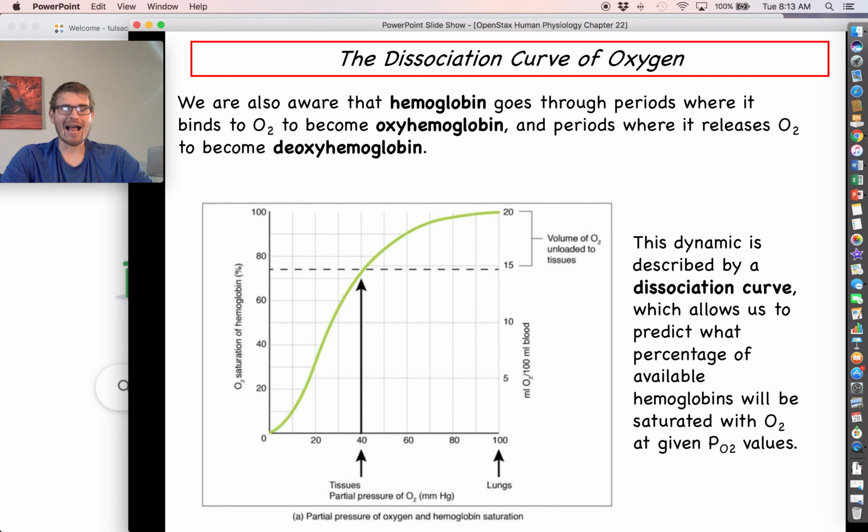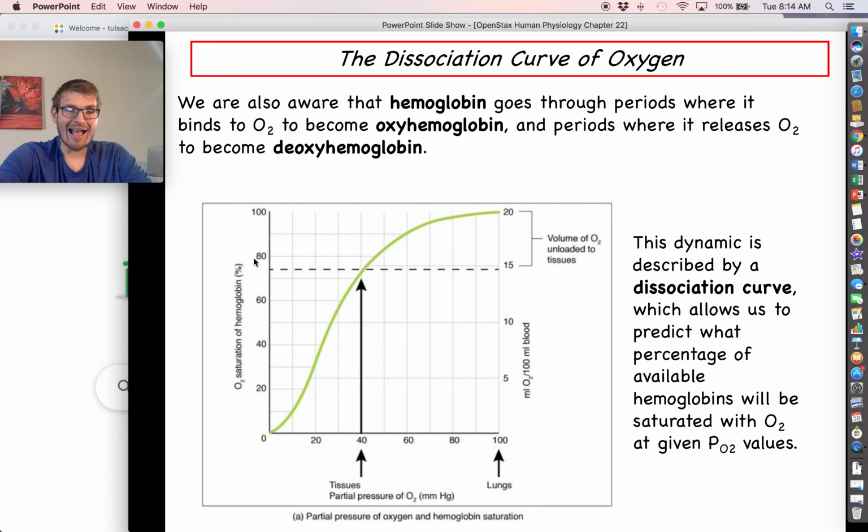So this dynamic can be described graphically, as you see here, by what is called a dissociation curve. Essentially what you're seeing here is, on the x-axis, the partial pressure of oxygen in the blood plasma, which you understand is usually about 100 millimeters mercury in the arteries, or 40 millimeters mercury in the veins.